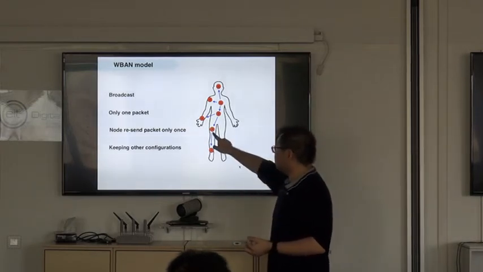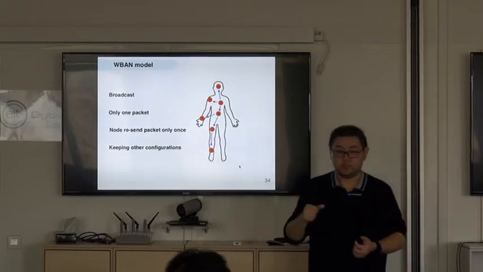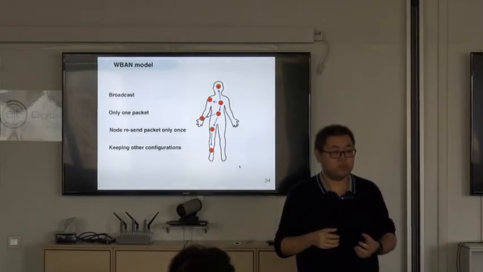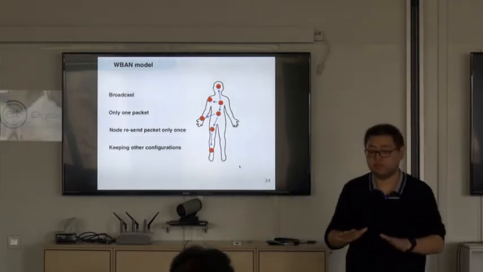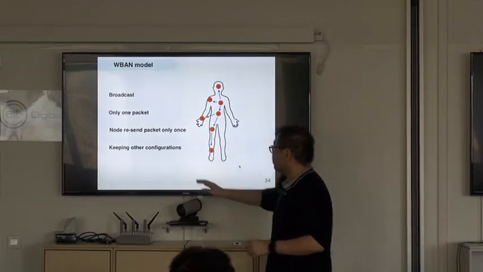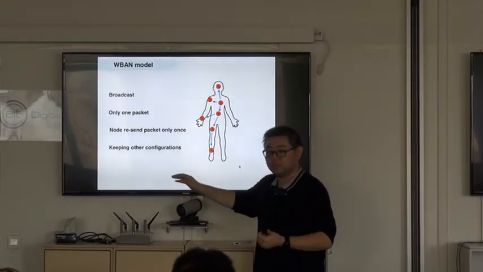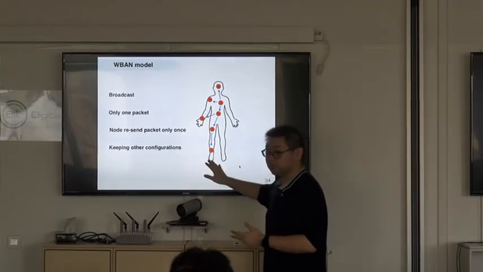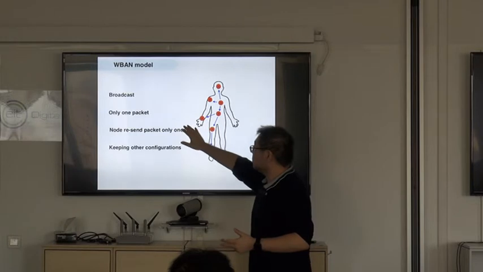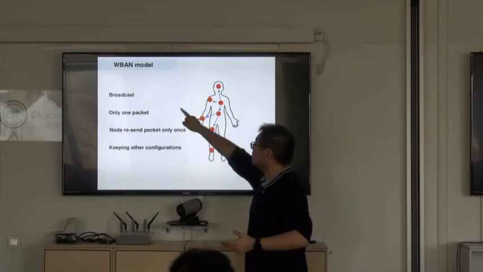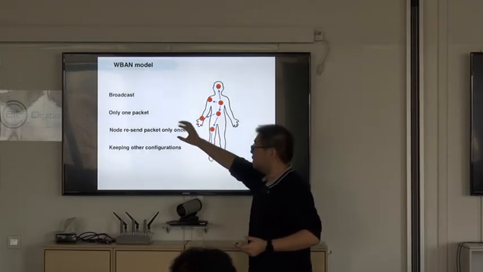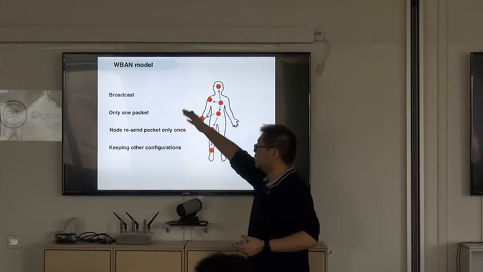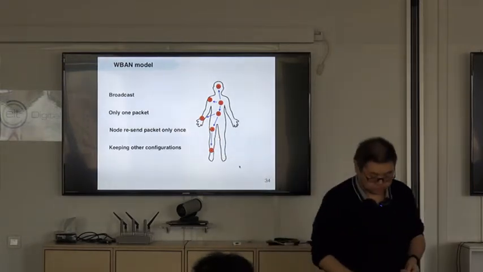And for any other sensors, if they receive the message for the first time, they will rebroadcast the message and finish. For other configurations in the MAC level, the physical layer and the channel layer, we keep the same configuration. We only modify the application layer, so we send only 1 message, and the networking layer, that is the broadcast protocol.